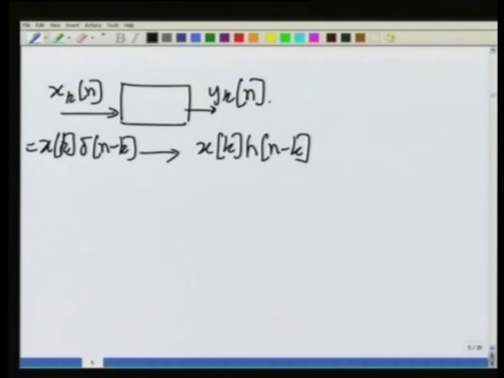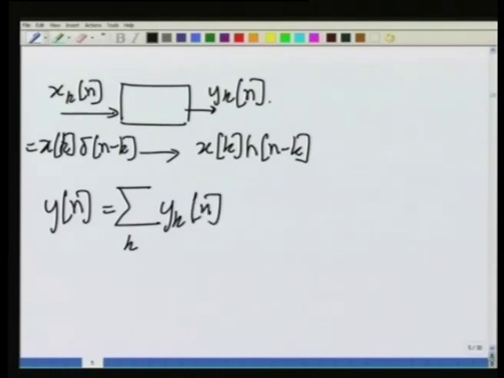We now have to add all these responses. Remember that y[n] evaluates to the summation over all k of y_k[n], and by what we have said above, this comes to the summation over all k of x[k] h[n minus k].